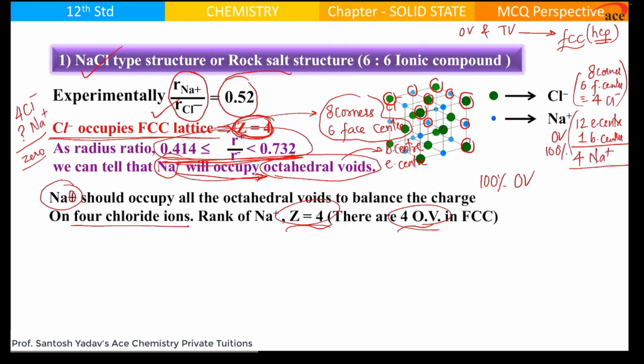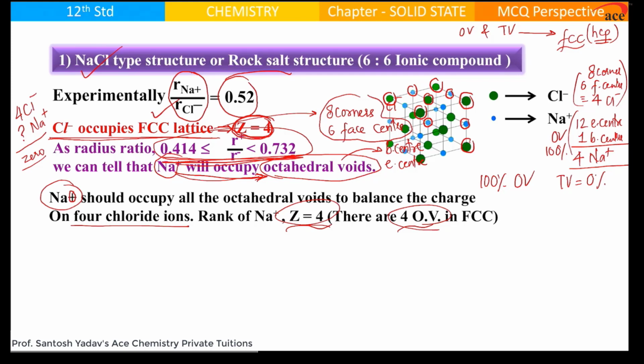That means Na plus ions occupy 100% octahedral void. That means tetrahedral void is 0% occupied by anyone. That is what is NaCl structure or rock salt structure.